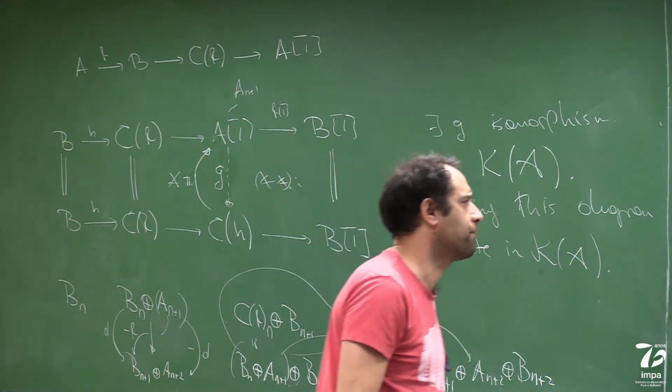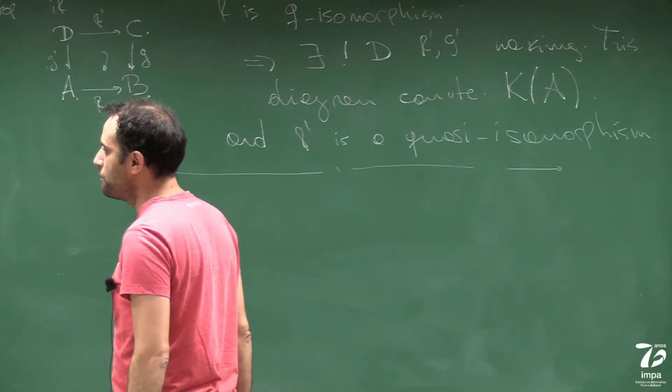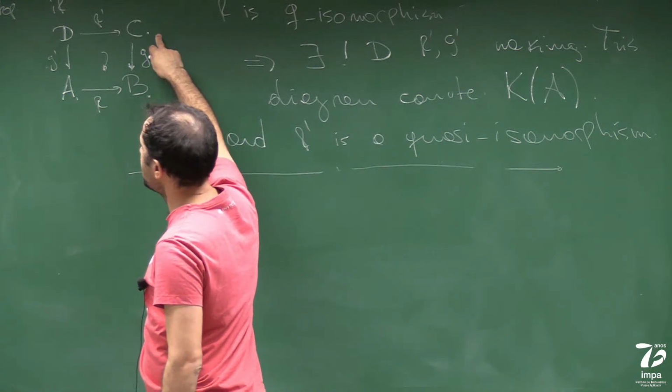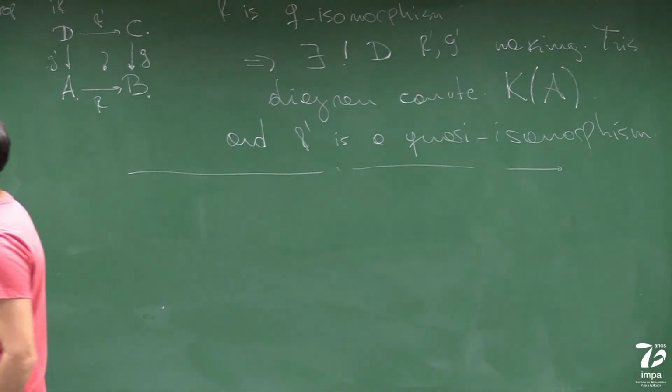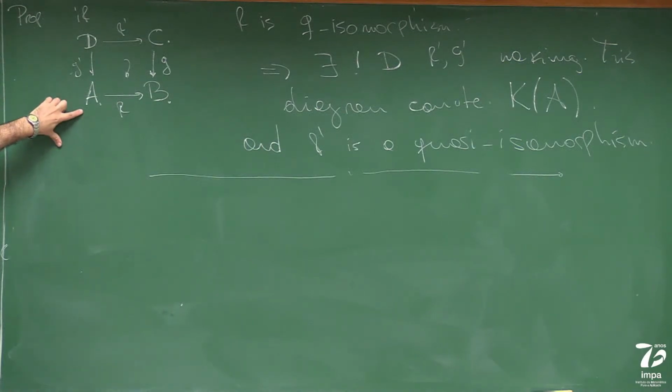So here is now the situation. I have this A to B. I have this C. And I want to construct something that maps to both, that maps to A, and that makes this diagram commute.